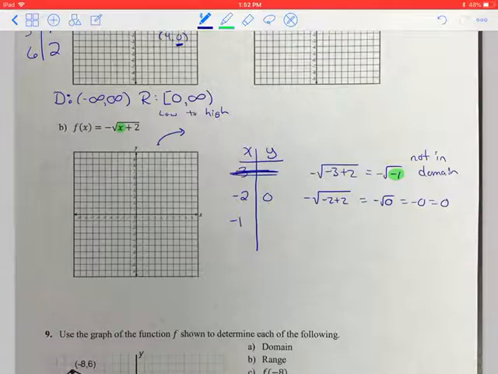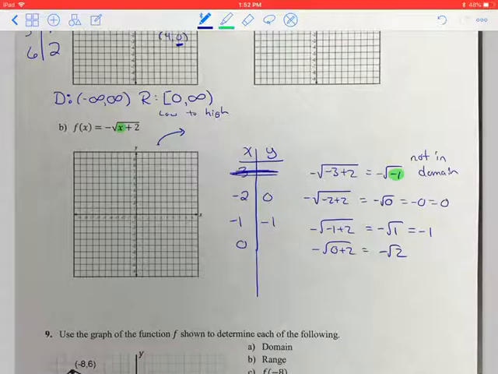So if I try negative 1, that would be minus the square root of 1. That's just going to give me minus 1. Now if I pick 0, I'm going to get negative square root of 2. And I could put that in a calculator, but I would just prefer to stay away from ones that give me ugly numbers.